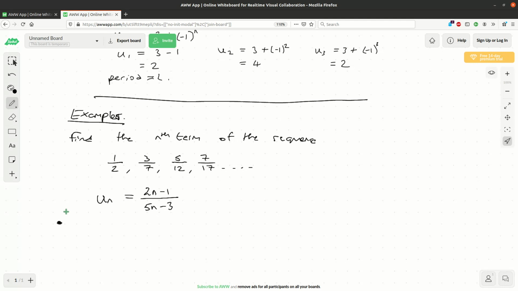Here's the second one. Given un plus 1 equals 1 over un plus 2, find the value to which the sequence converges.